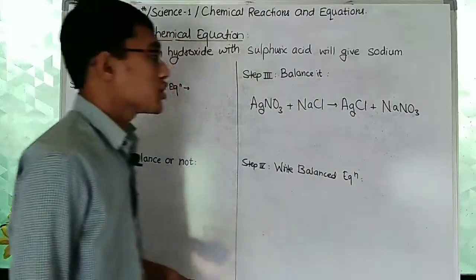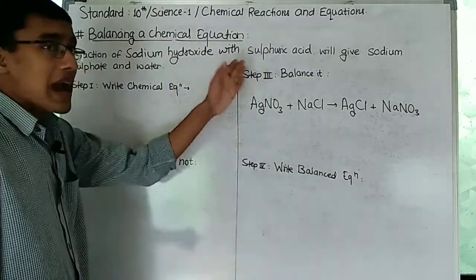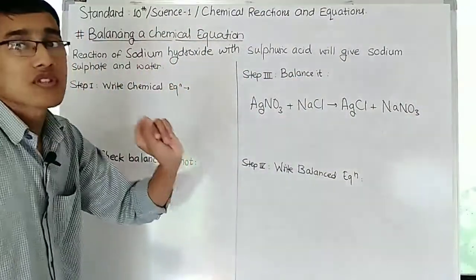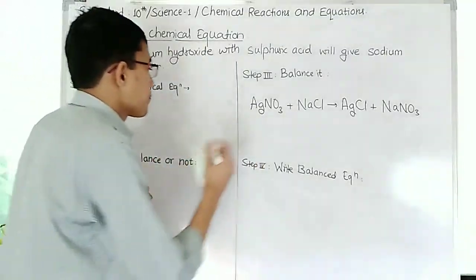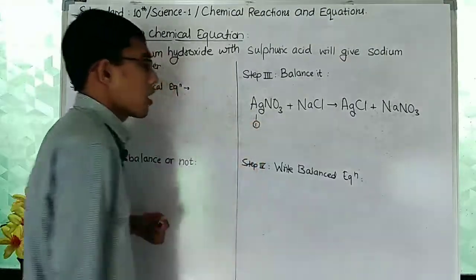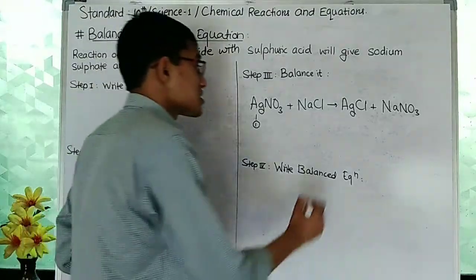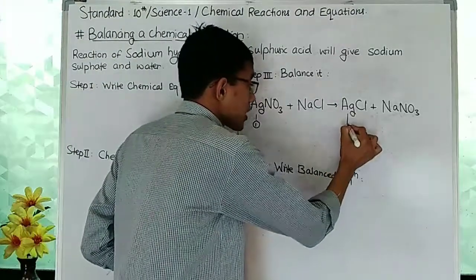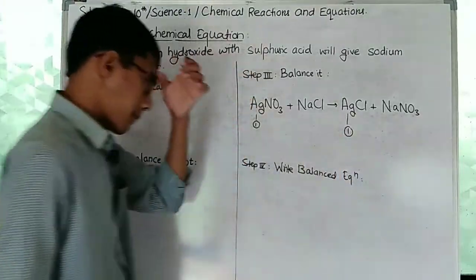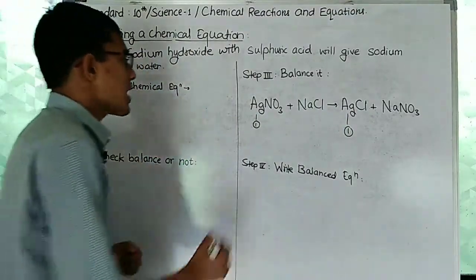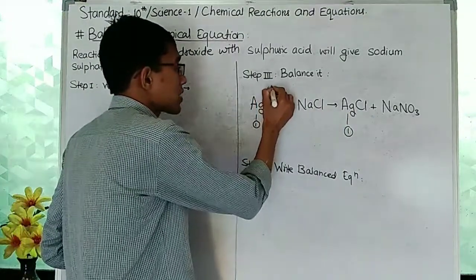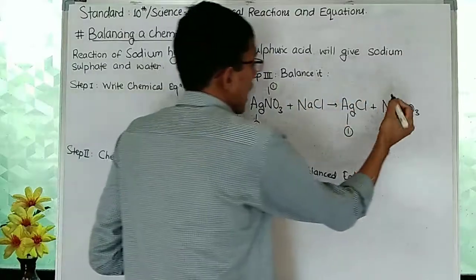Now in this reaction you can see in the reactant side the number of silver atoms is 1, and in the product side the number of silver atoms is again 1. In the reactant side the number of nitrogen atoms is 1, and in the product side also 1.